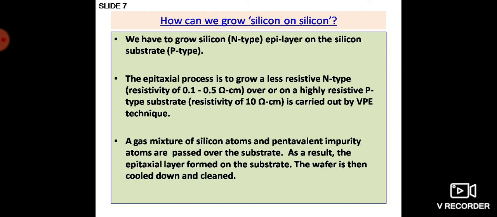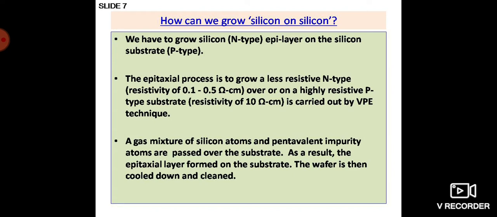Note in point 2, the epitaxial process is to grow a less resistive N-type silicon layer over a highly resistive P-type substrate.